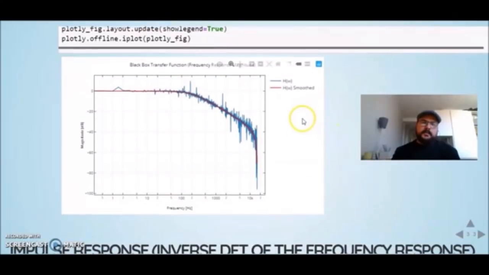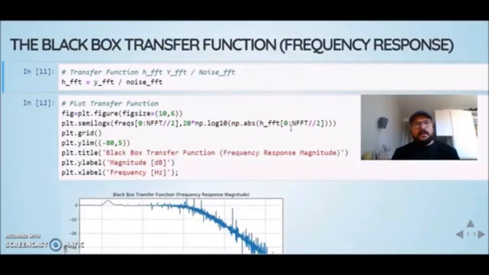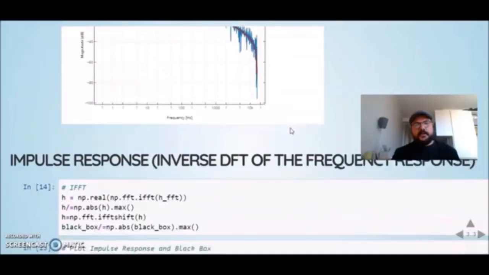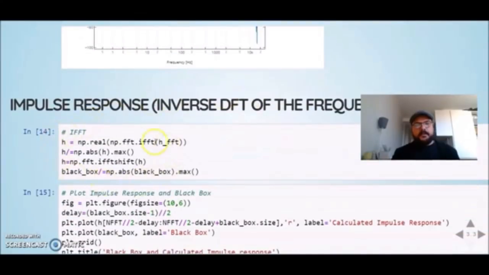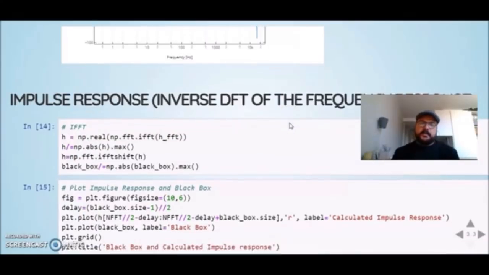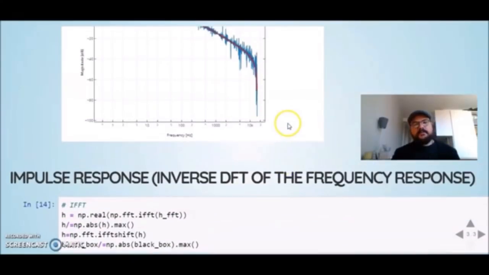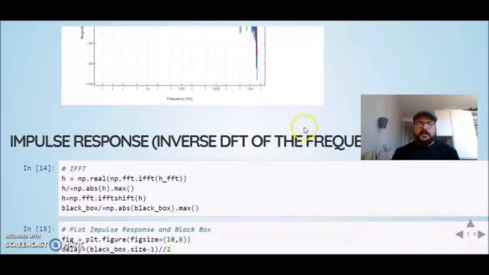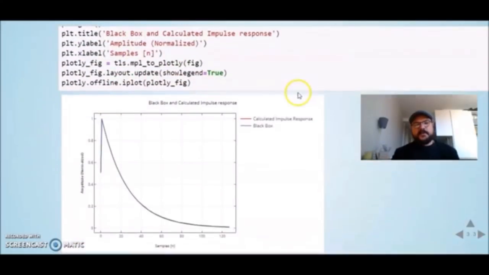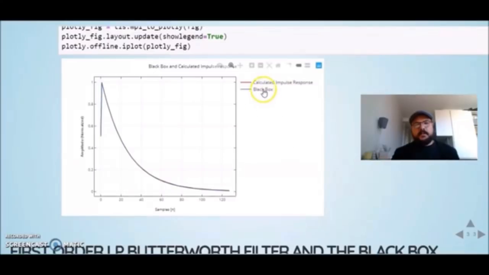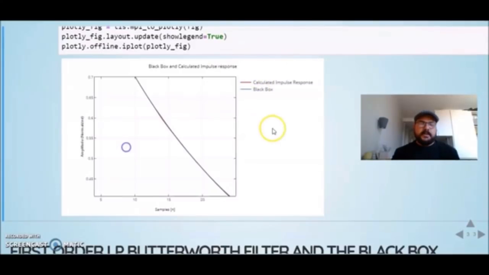Then what we can do now is take the inverse Fourier transform of the transfer function we just have here. This is what we do here, and we will plot those arrays of numbers, our black box, and the inverse Fourier transform of the transfer function, and we can see that our calculated impulse response is very similar to the black box itself.